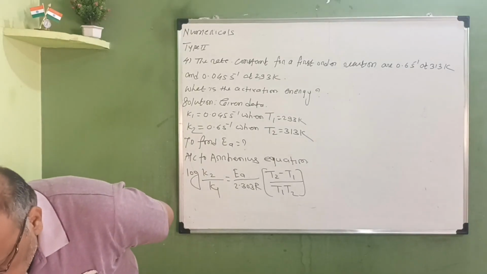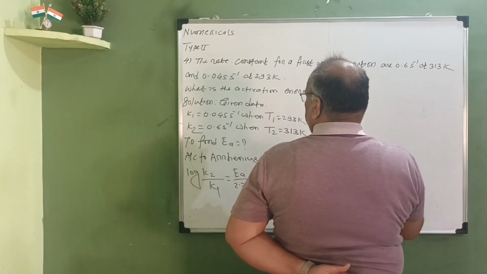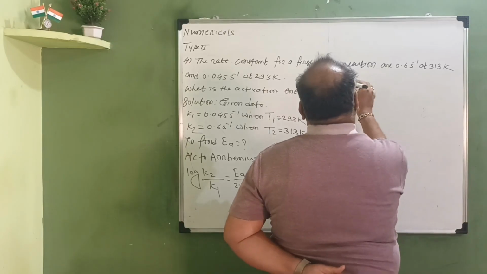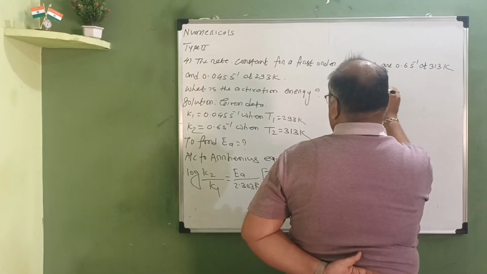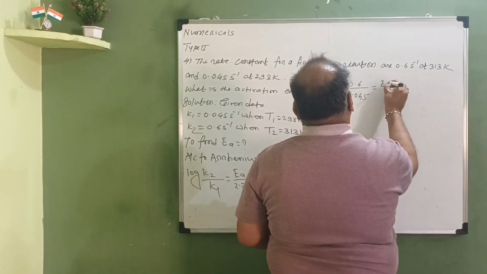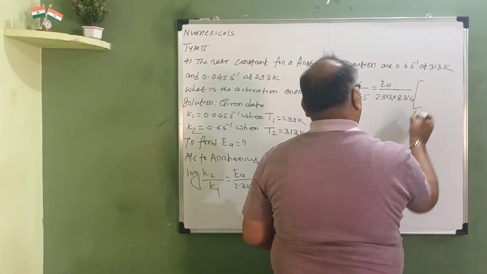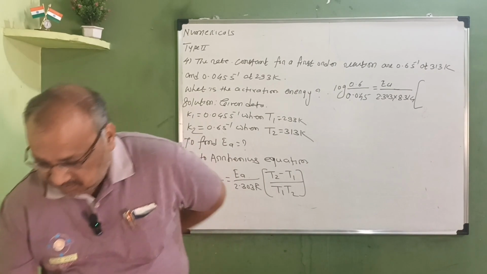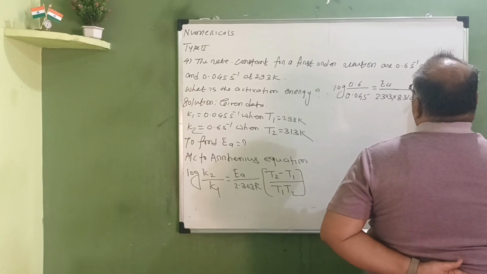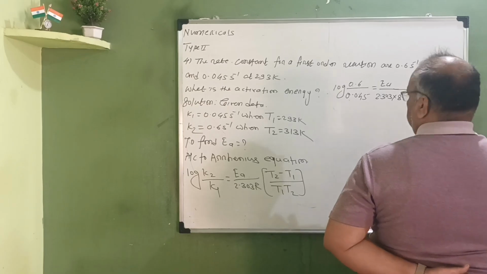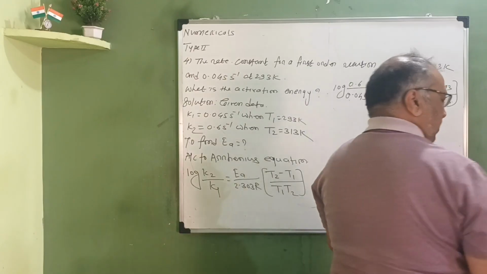That means here log of 0.6 upon 0.045 equal to EA upon 2.303 into 8.314 in bracket T2, 313 Kelvin minus 293 Kelvin upon 293 into 313.